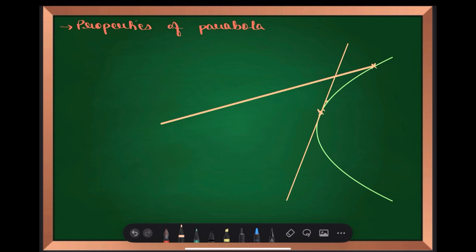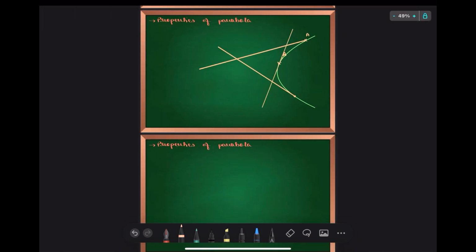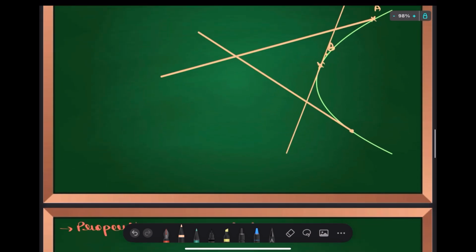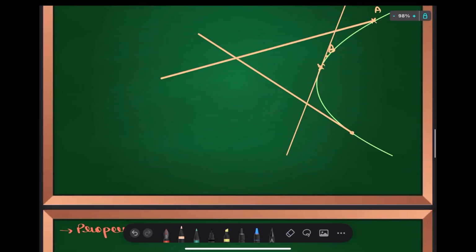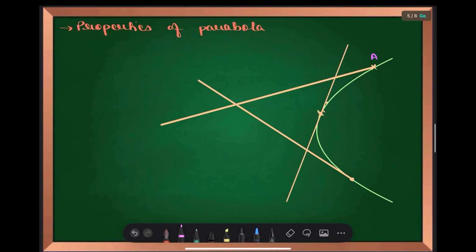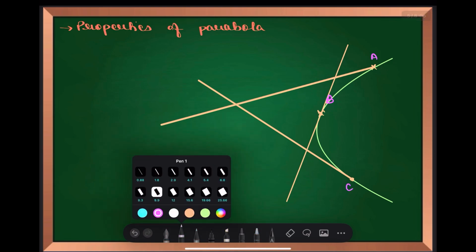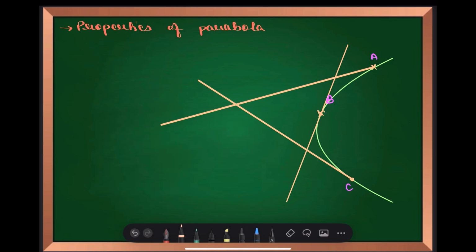I am talking about points A, B, and C. Now look at this: you will have two triangles.